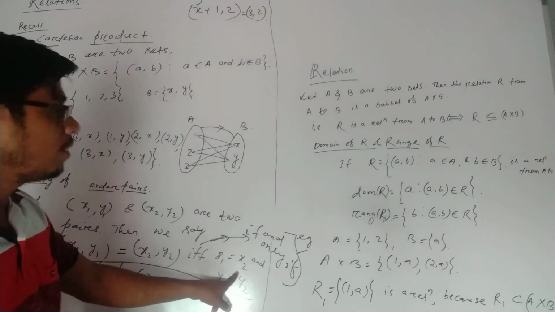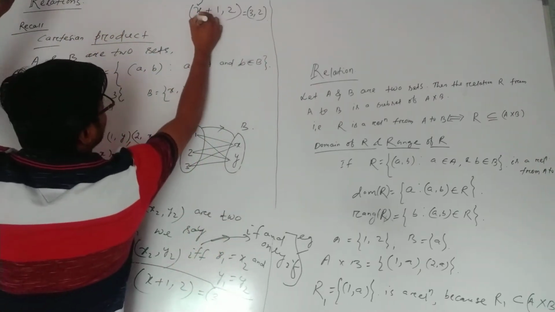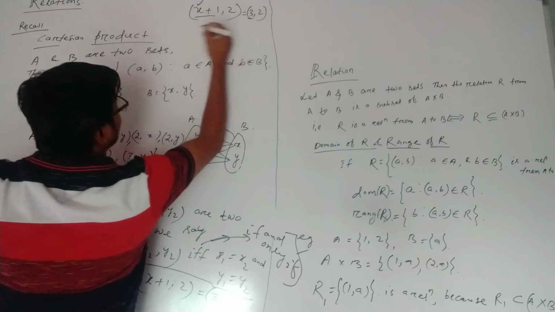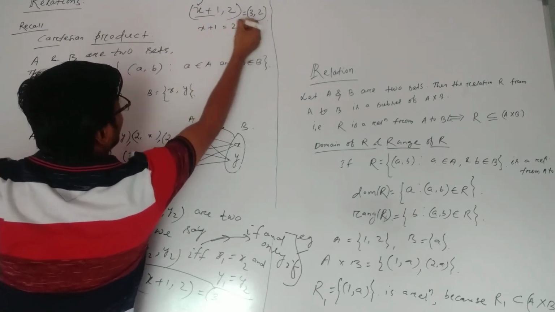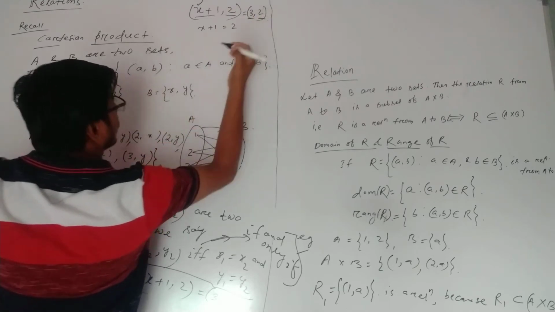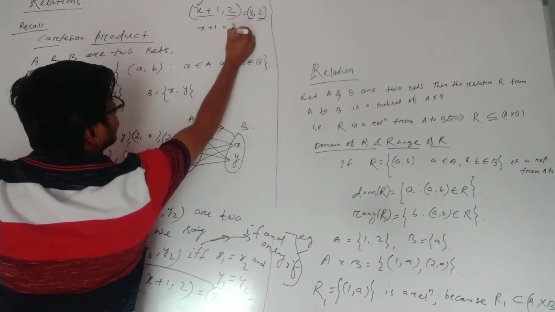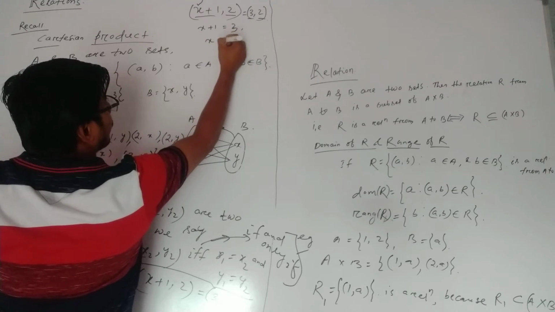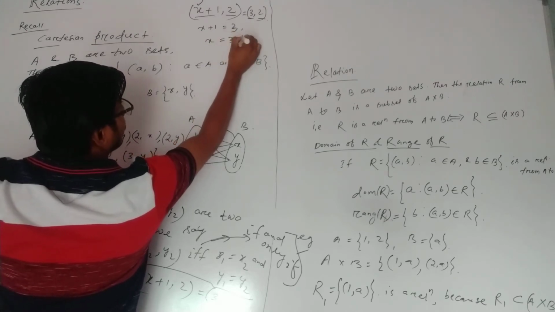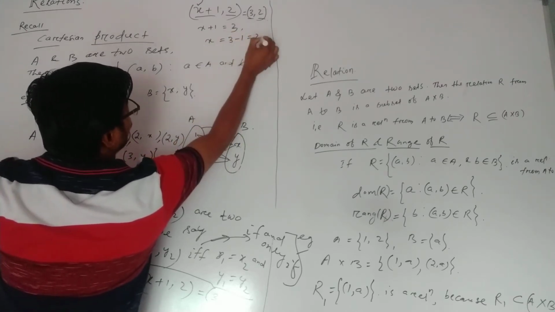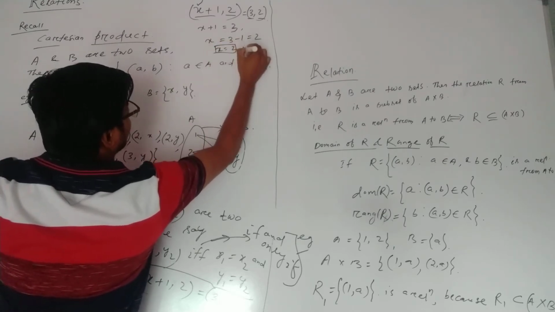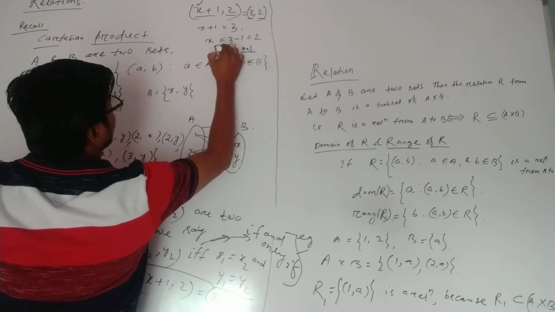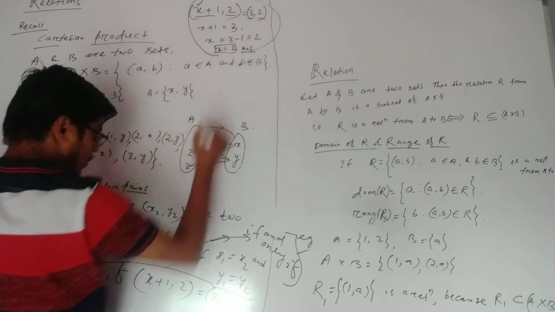So x plus 1 is equal to 3, and the second component is equal to the second component, already given. So x is equal to 3 minus 1, that is equal to 2. So x is equal to 2 is the answer to this question.